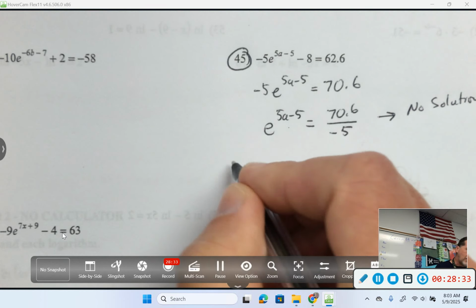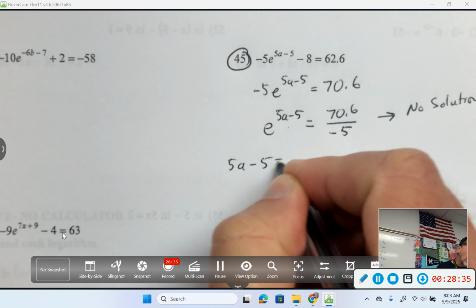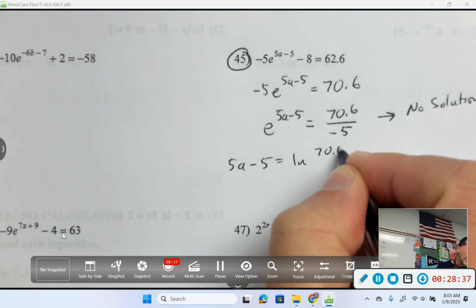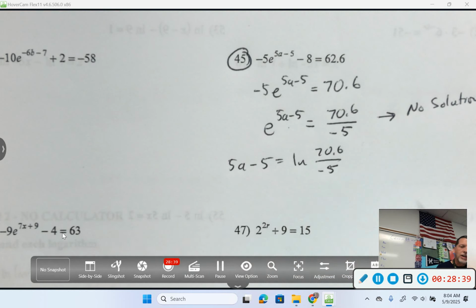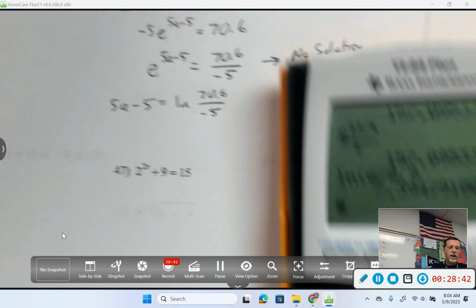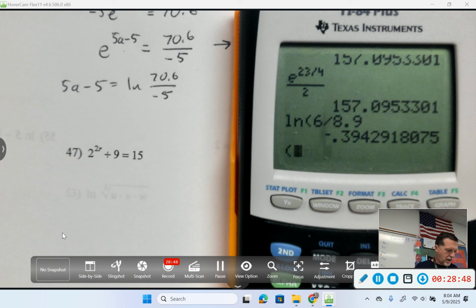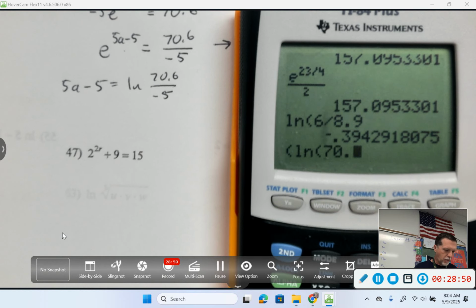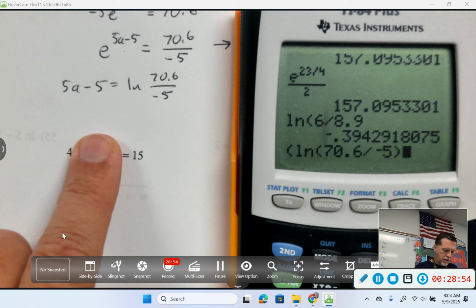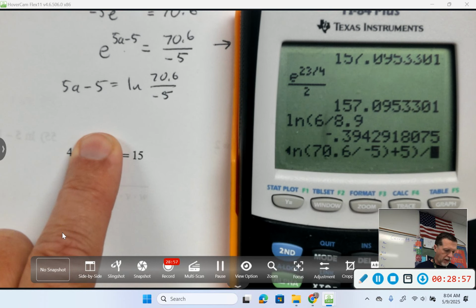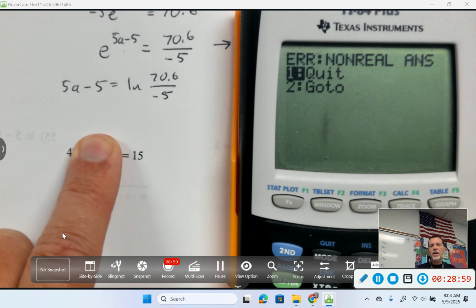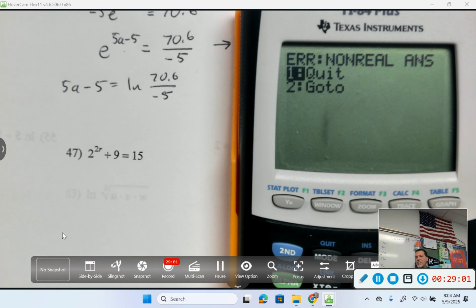Now you're right. If you go the long way, it's fine. Your calculator is going to tell you that doesn't work. But you may do a few more steps before you figure that out, because you would be doing natural log 70.6 divided by negative 5, and then you would add 5, and then you divide all that by 5, and it doesn't work because you tried to take the log of a negative number.